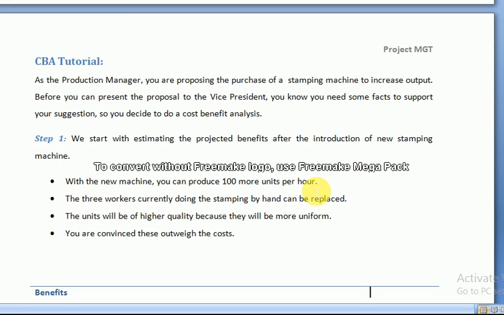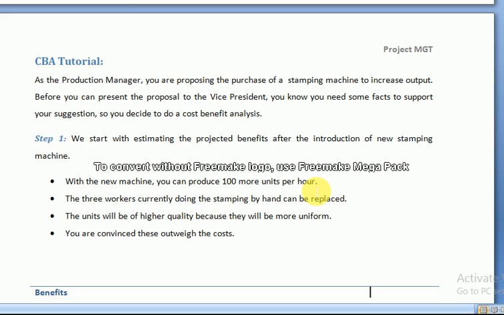The units will be of higher quality because they will be more uniform. Look, when we make products through automatic machinery, the finishing is much higher compared to manual work.